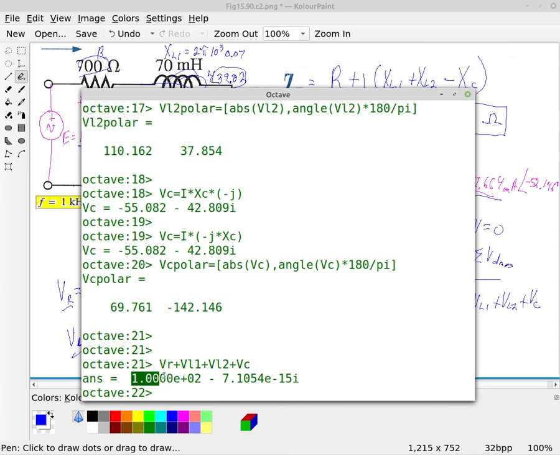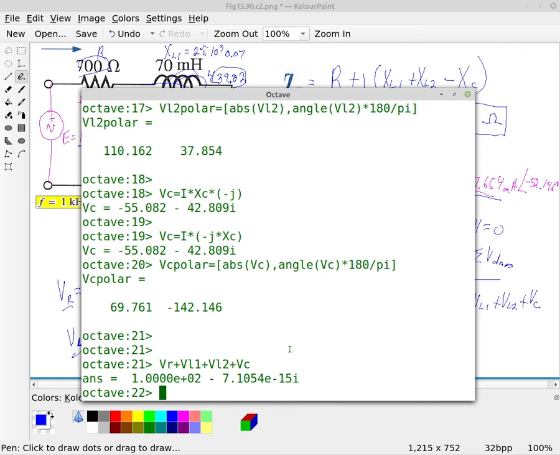This is 1.00 times 10 to the second power, so this is 100 at an angle of minus 7.1 times 10 to the minus 15. So let's write that out.